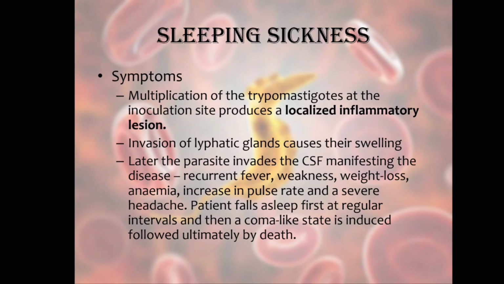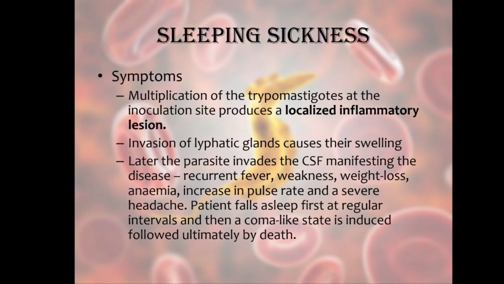So the symptoms include the initial inflammation of the area where the tsetse fly has bitten the person. So, multiplication of the trypomastigotes at the inoculation site, that is where the tsetse fly actually injected the trypomastigotes, is going to produce a localized inflammatory lesion.